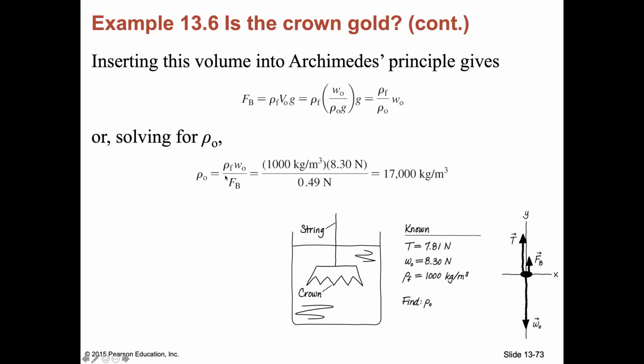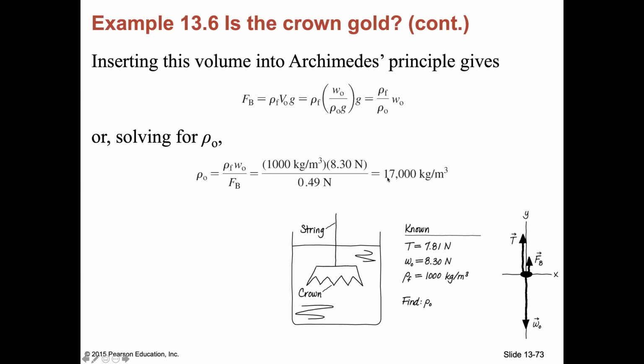So rho naught equals this, and after you put all of the numbers into the equation, you can calculate it. The density is 17,000 kilograms per cubic meter.